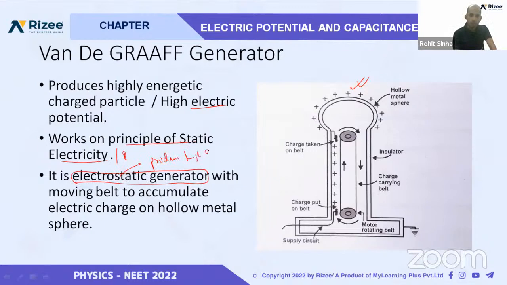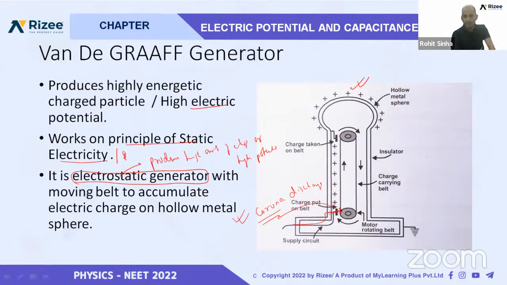a high amount of charge or high potential. What happens? We give charge from here, and from here through a process called corona discharge.